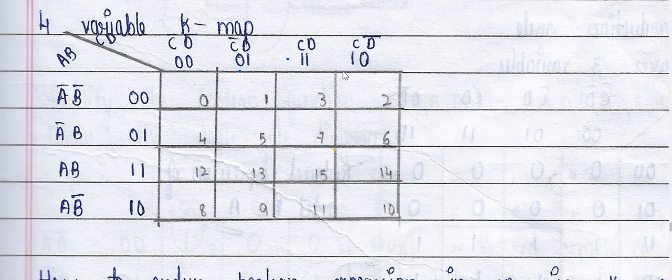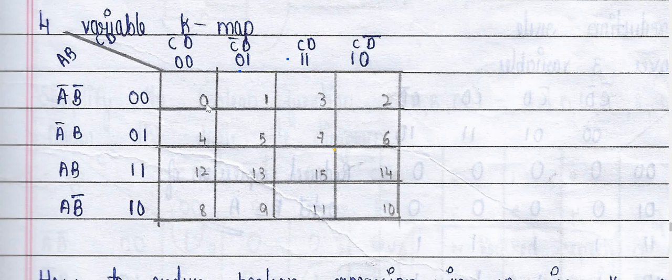After that we need to represent the inside numbers. For each cell, first we consider the left side, then the top side. See, the first cell: left is 0 0, top is also 0 0, so 0 0 0 0 is equivalent to 0.